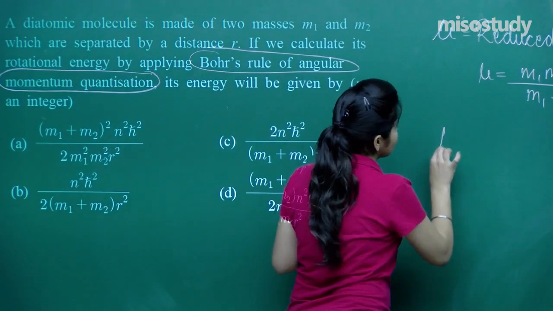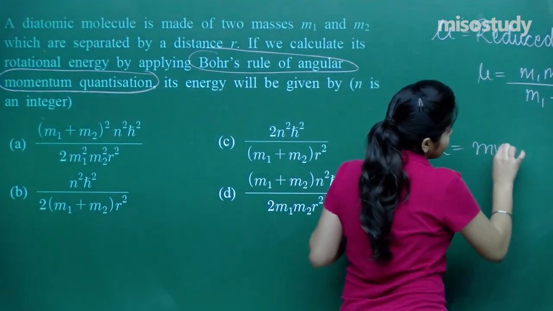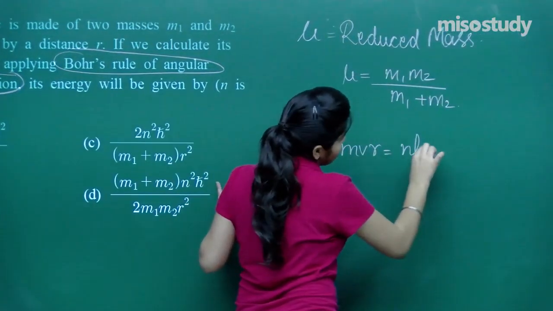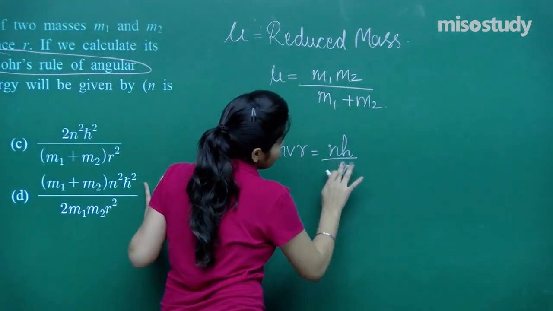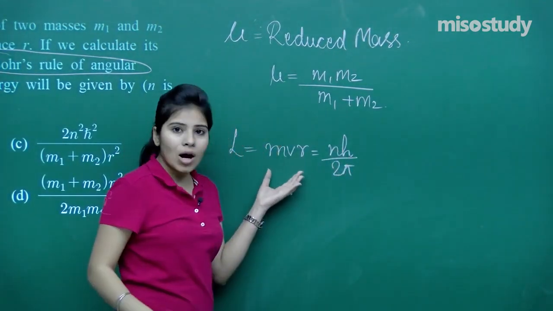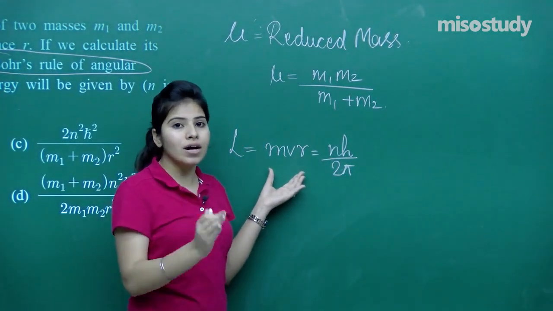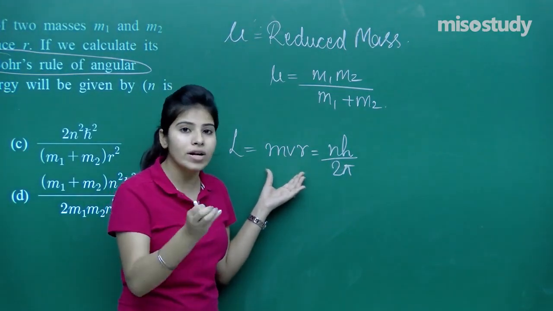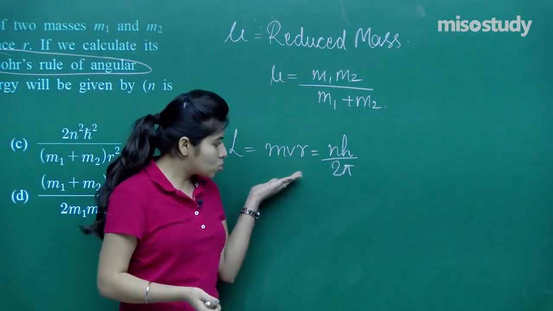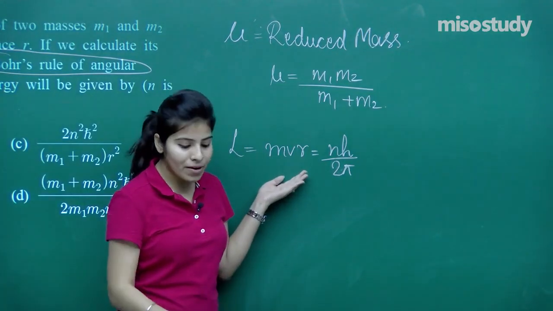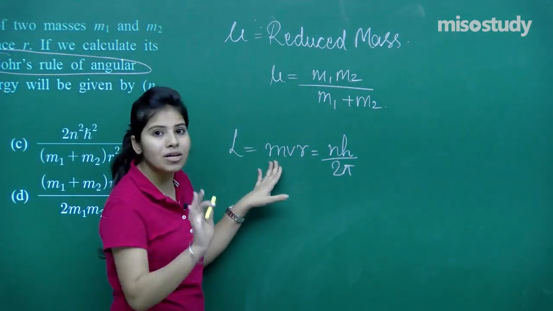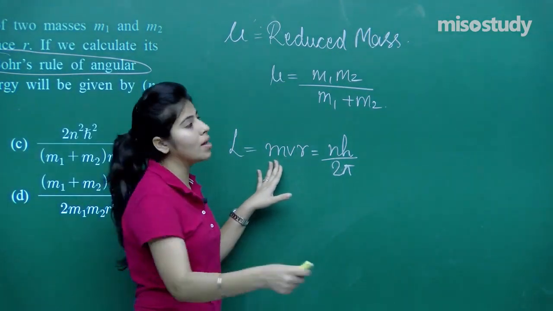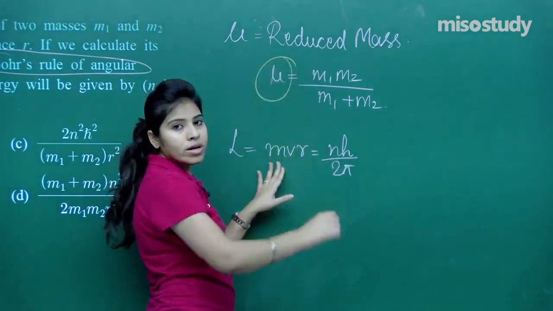So let me write over here, your L will be equal to mvr and that will be equal to nh upon 2 pi. Now because we have been using the terms angular momenta, angular kinetic energy, from here we will be writing this m, because we have converted these two m's into one particular m.